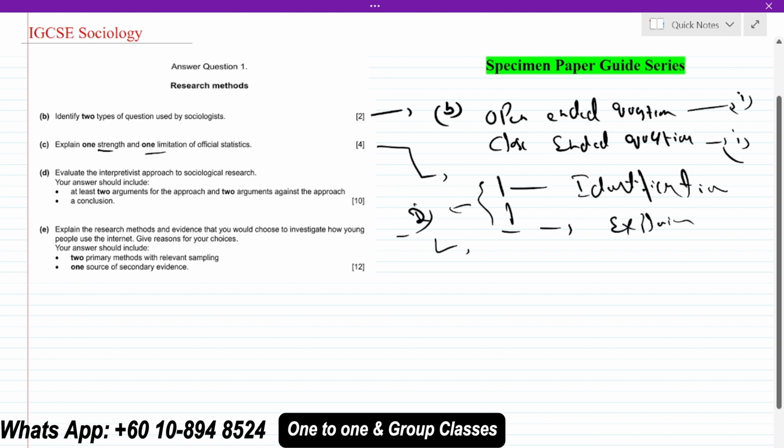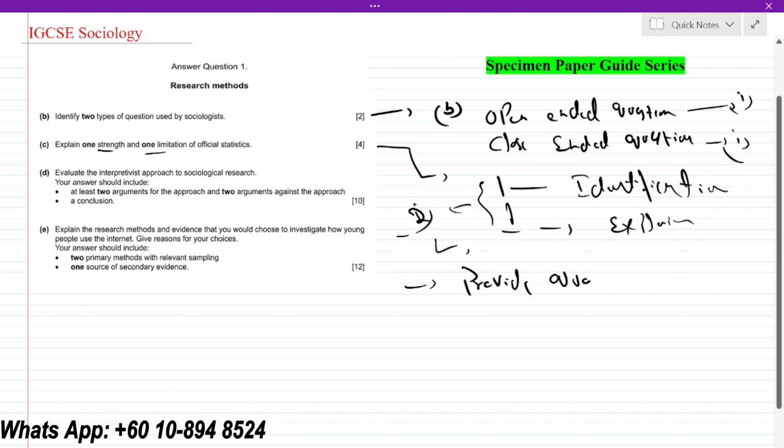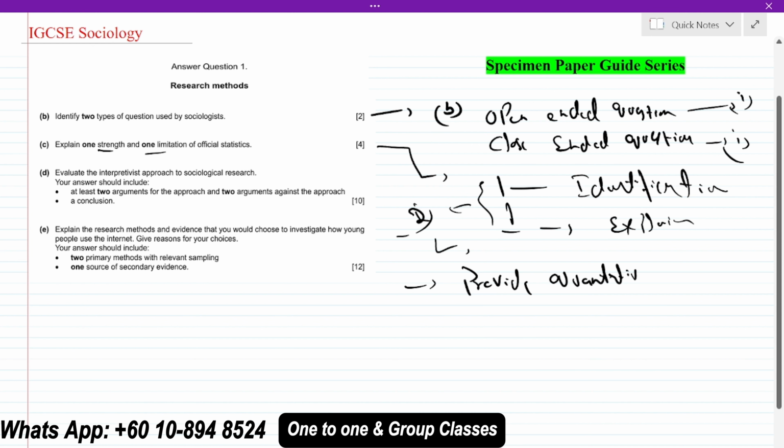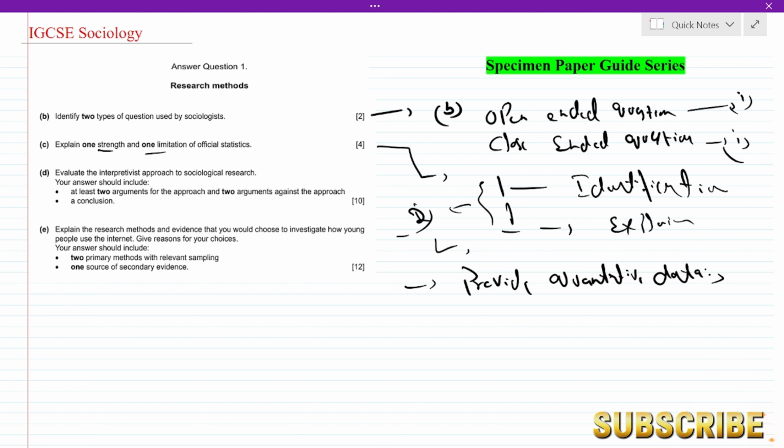Now move on to the question and let's see what things we have. Explain one strength and one limitation of the official statistics. So one strength that we have, official statistics provide a large scale of quantitative data. So what you can write over here is that official statistics provide large quantitative data.